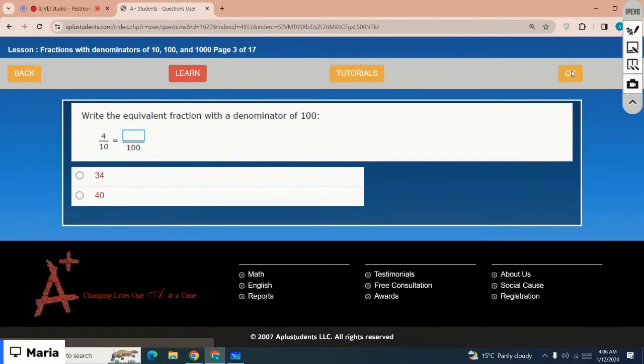Okay, the next one is write the equivalent fraction with the denominator of 100. You are given 4 over 10, and that equals the missing number over 100. So which number is missing? Which is the correct option? Very good, that is 40. The missing number is 40.